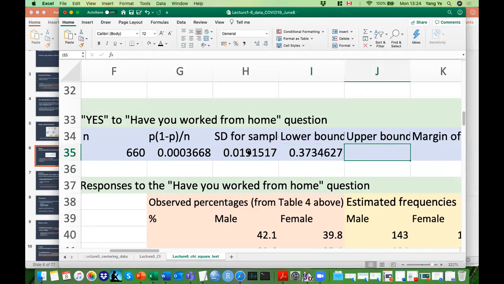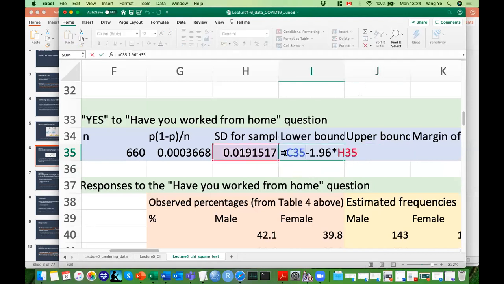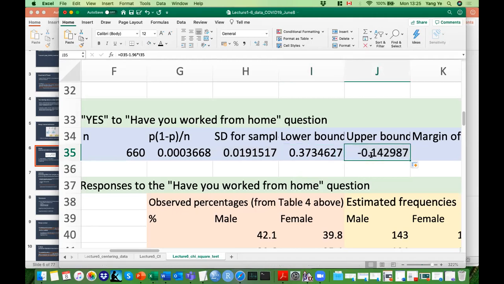So for the upper bound, we can just copy this formula. It's not that easy, but okay, if we copy the formula, let's see what happened. If we just drag the formula, it doesn't give us the right value because now it refers to I35. So we have to change it back to H35.